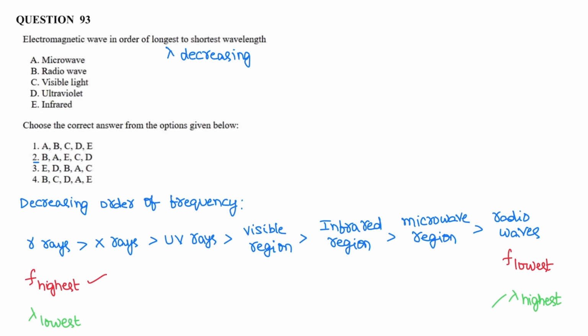The correct answer is B. So highest is for radio waves, that is B, and then A microwave, and then infrared E, visible C, D ultraviolet. So the correct answer is B, A, E, C, D. Option 2.